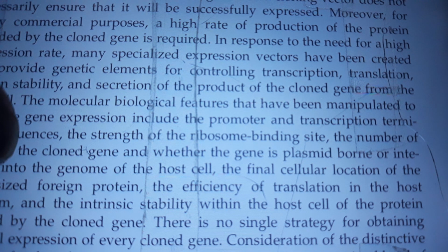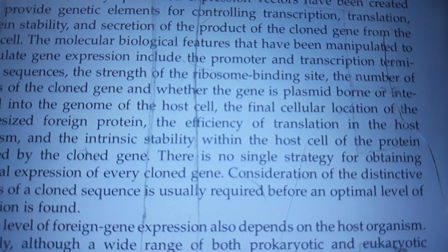The molecular biological features that have been manipulated to modulate gene expression include the promoter and transcription terminator sequences, the strength of the ribosome binding site, the number of copies of the cloned gene, and whether the gene is plasmid-borne or integrated into the genome of the host cell, the final cellular location of the synthesized foreign protein, the efficiency of translation in the host organism, and the intrinsic stability within the host cell of the protein encoded by the cloned gene.